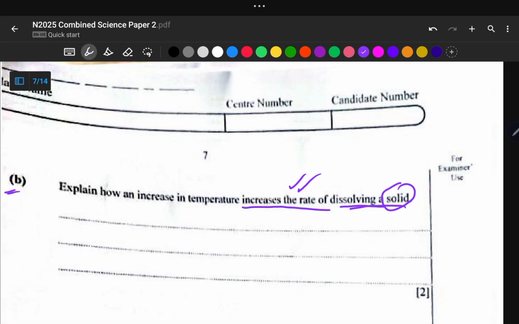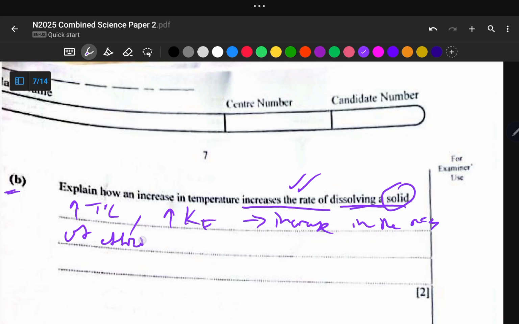So we are going to have increase in temperature. It will result in the increase in kinetic energy of the particles, thereby increase in the number of effective collisions. Thus the particles are colliding frequently, right?